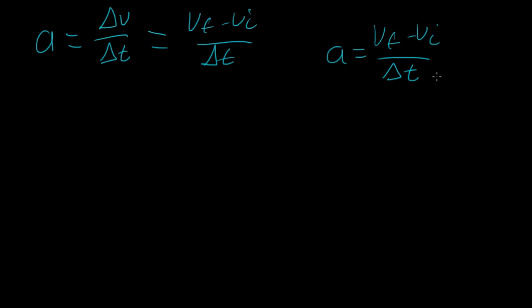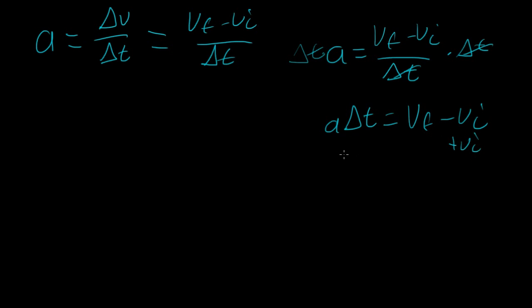All right. If we multiply both sides of this equation by delta t, it cancels over here, and we end up with a delta t equals Vf minus Vi. And we can solve this for Vf by adding Vi to both sides. It cancels over here.